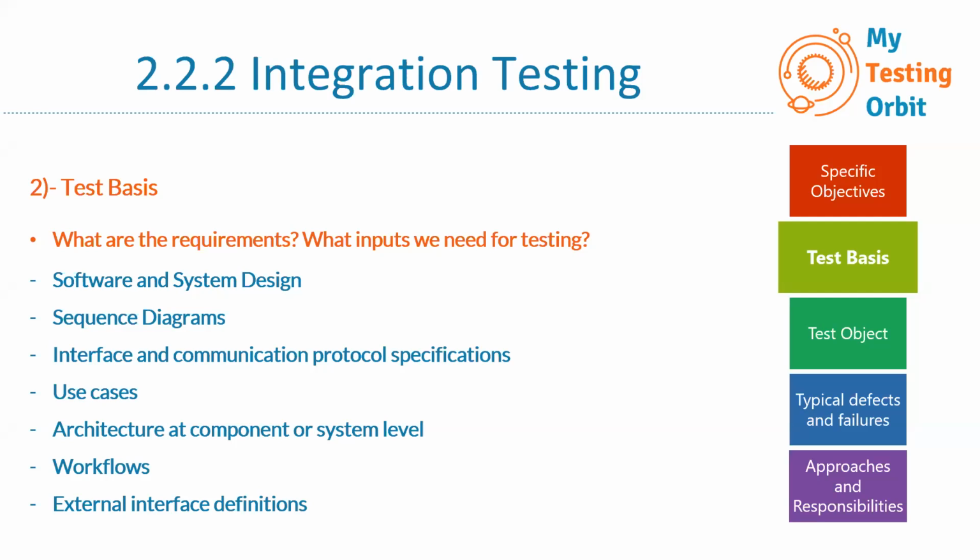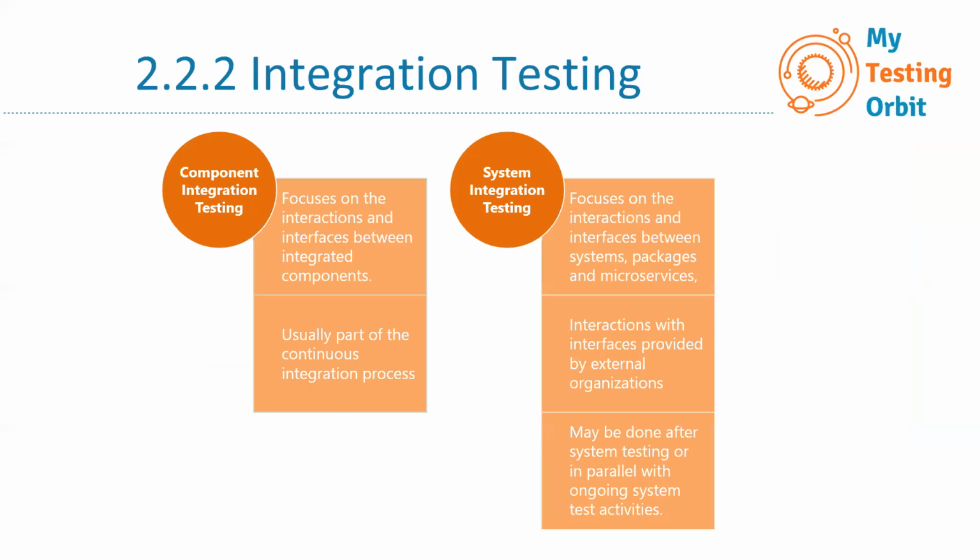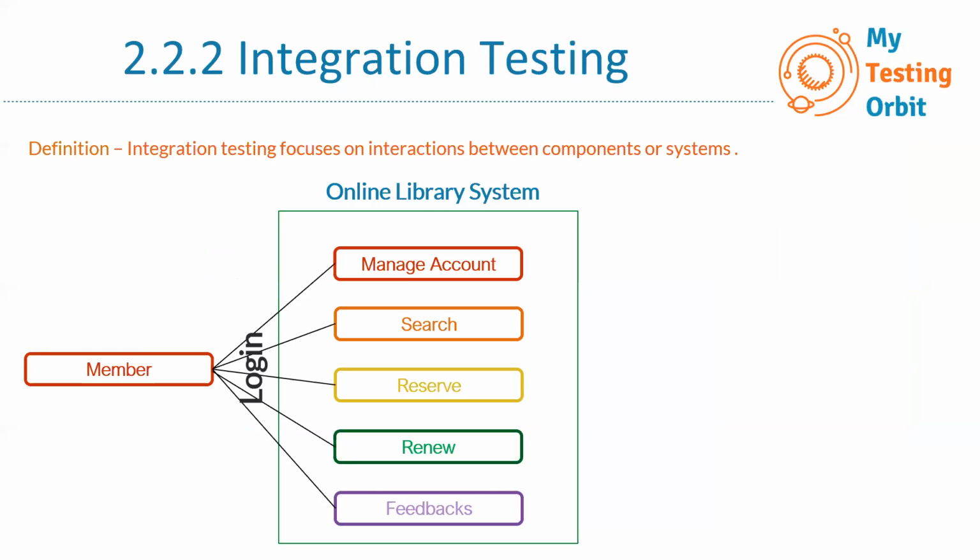And different journeys that are possible in a system will be defined in the workflow. For example, we can say that a member logs into the system and manages the account, or logs into the system and can search something in the catalog of the library. So we'll have a different workflow for all these use cases.